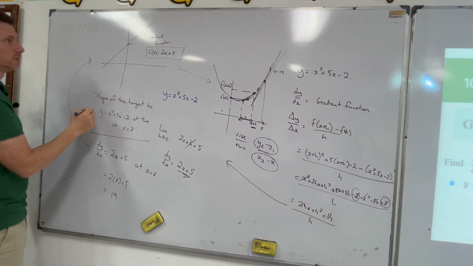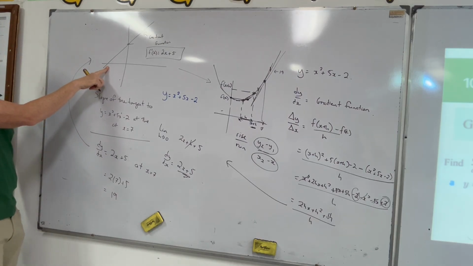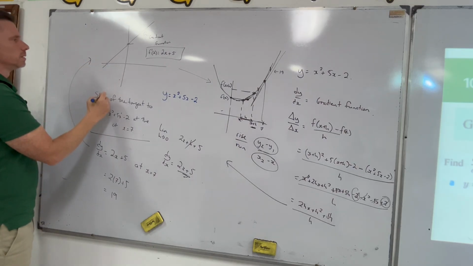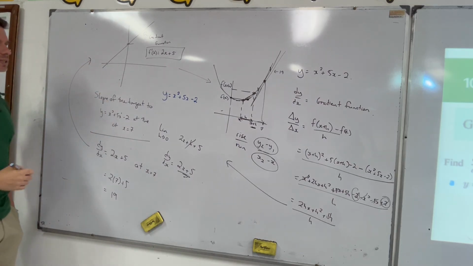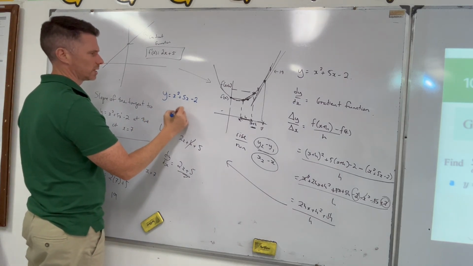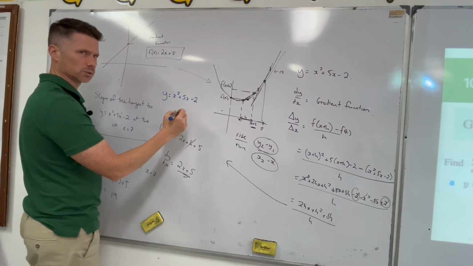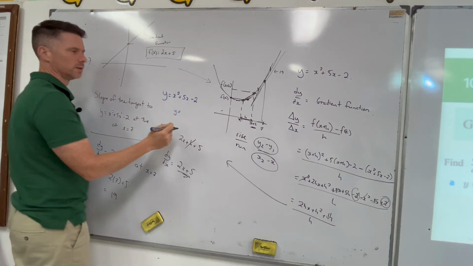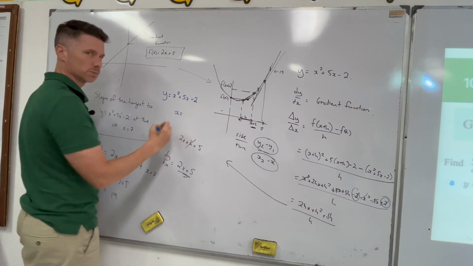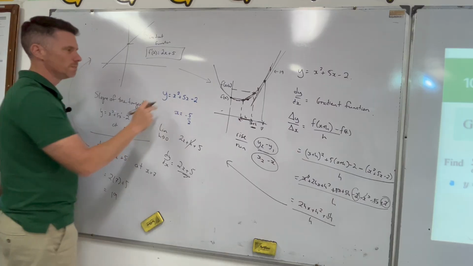This is going to be a happy face graph. The axis of symmetry is x equal to minus 5 over 2.